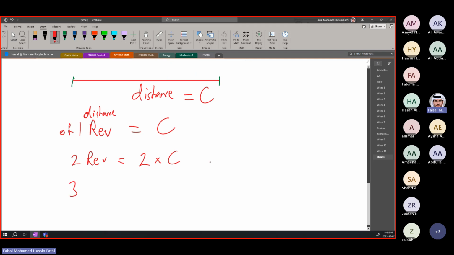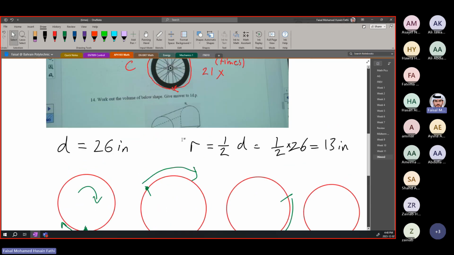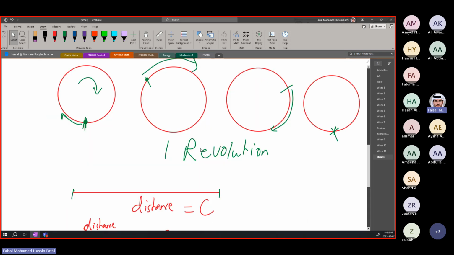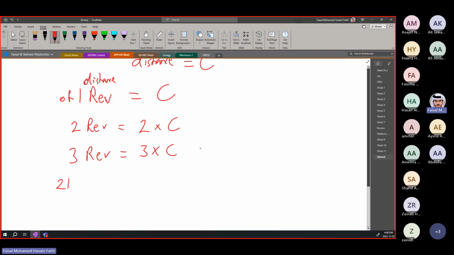The distance for 3 revolutions will be equal to 3 times the circumference, and so on and so forth. In this case, the counter shows that there were 21 revolutions, so the distance for 21 revolutions is equal to 21 times the circumference.